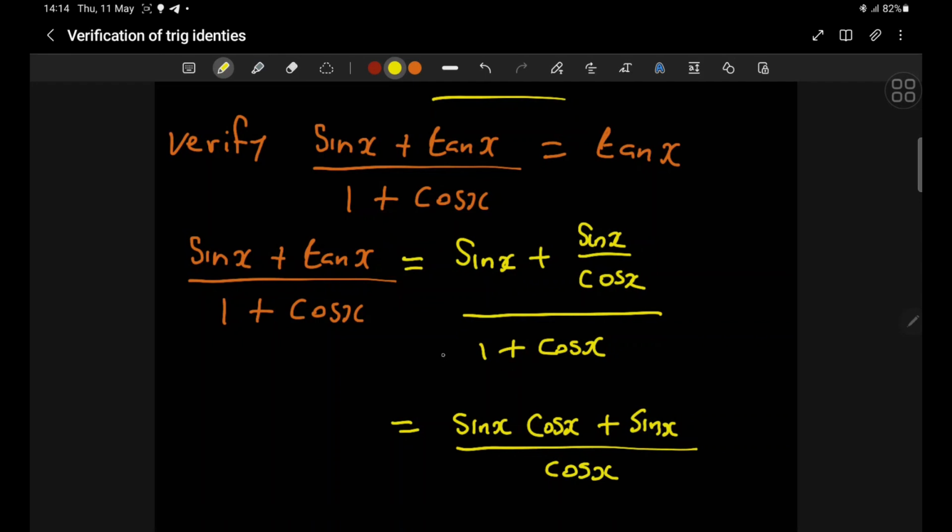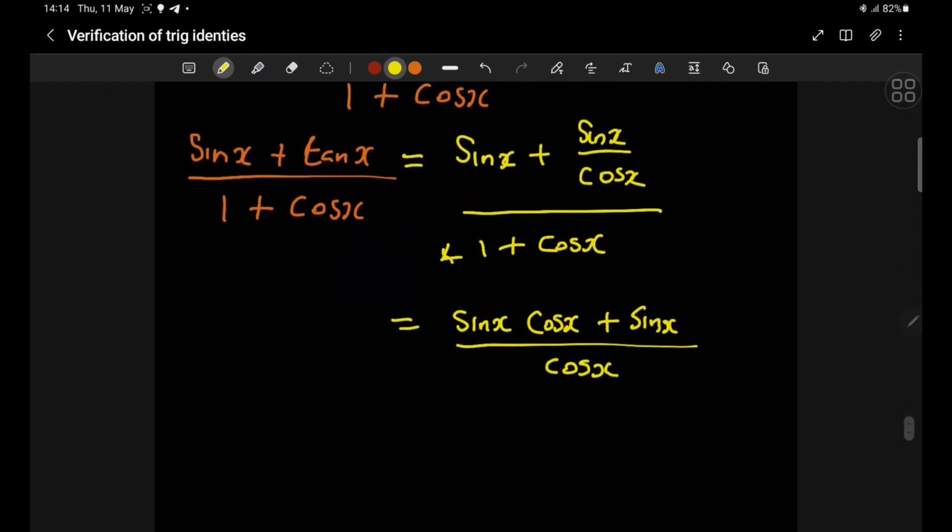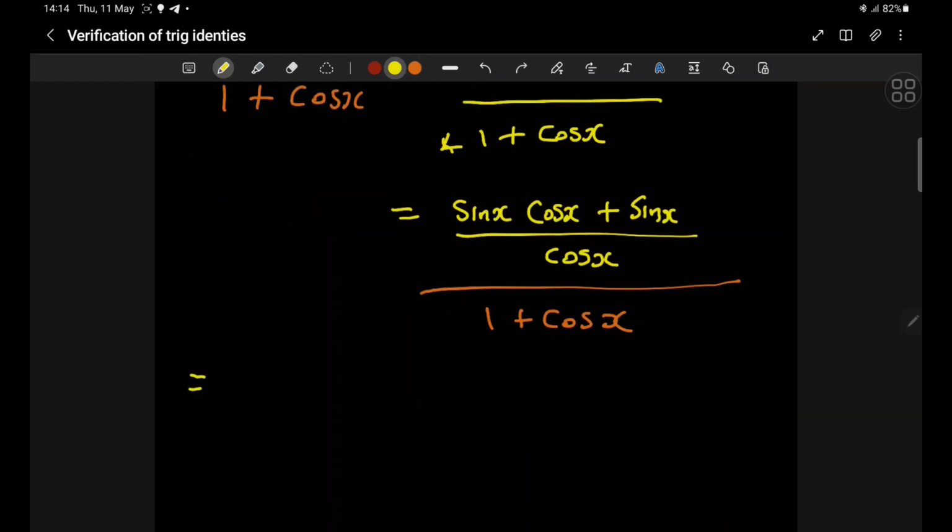So we have this expression again that we need to write here. This whole thing is dividing 1 plus cos x. So on the numerator we can factor out sine x since it's common. So that is sine x, then we'll have cos x plus 1, then this whole thing is under cos x.